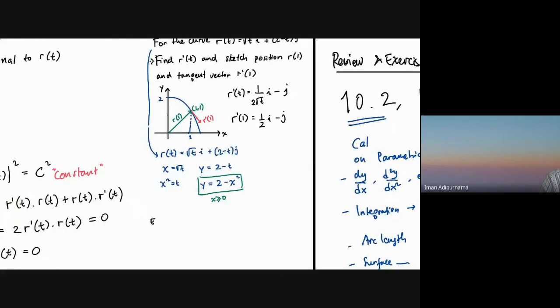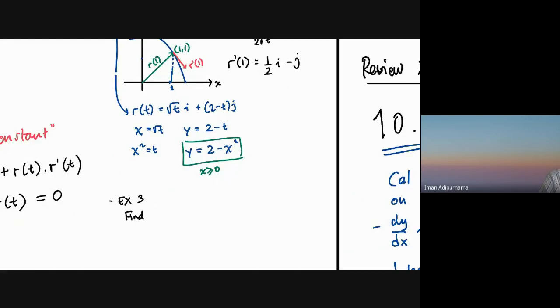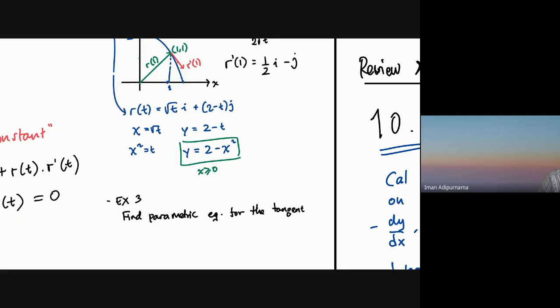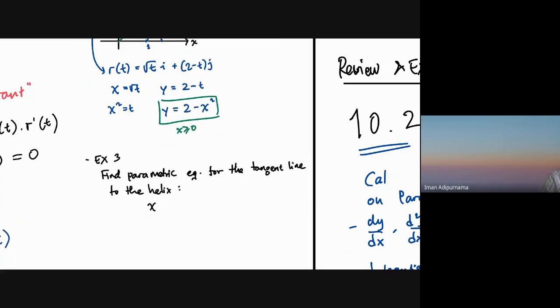Okay, maybe another example. Find the parametric equation for the tangent line to the helix at the point 0, 1, pi over 2, which means we need t equal to pi over 2.